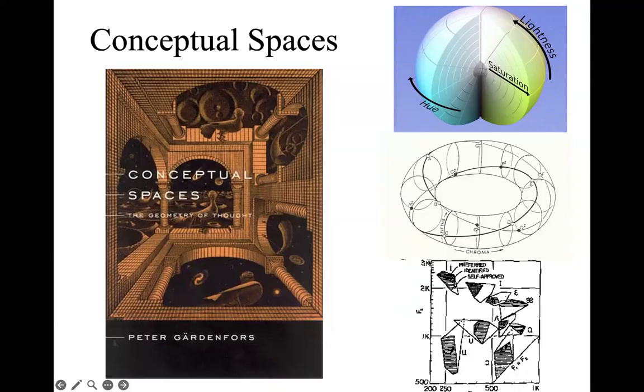And phoneticians have discovered that vowels can be represented in this space of 2 overtones, and you find that each of the vowels, they are denoted here by E and A and so on, correspond to regions of this space. So my general idea is that concepts are regions in conceptual spaces.